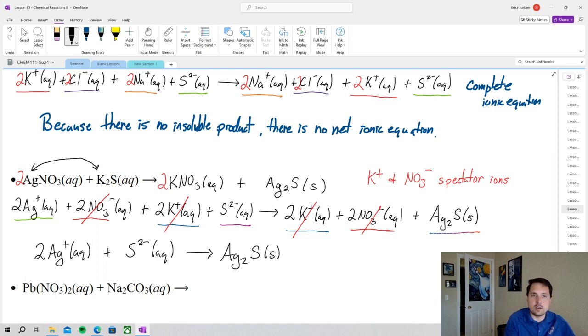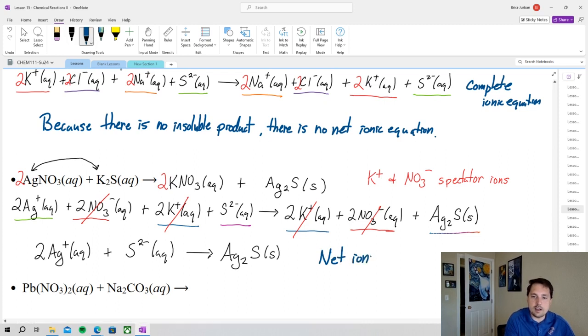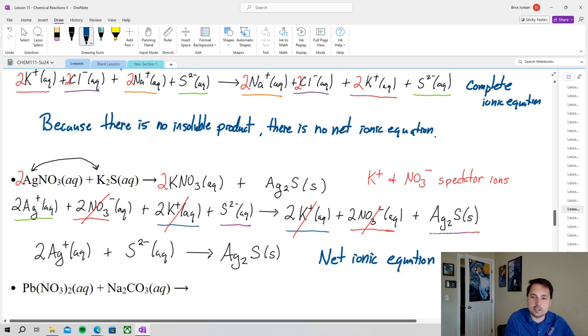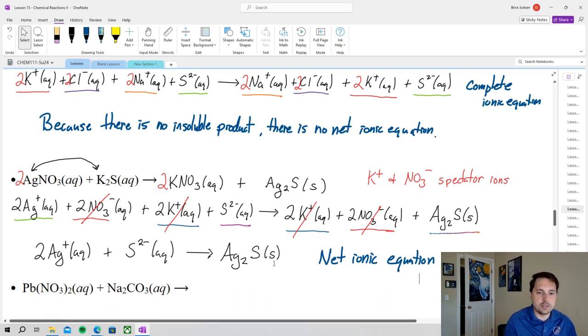So that's known again as the net ionic equation. And net ionic equations are really helpful to write out when we're studying oxidation reduction chemistry, which we'll talk about in just a minute. So we'll be able to see a lot easier how electrons are being exchanged, if at all, in these reactions.